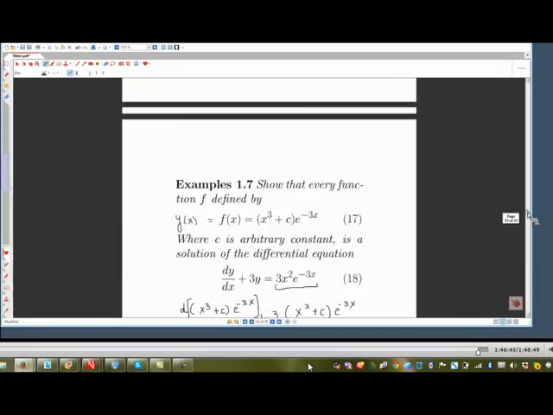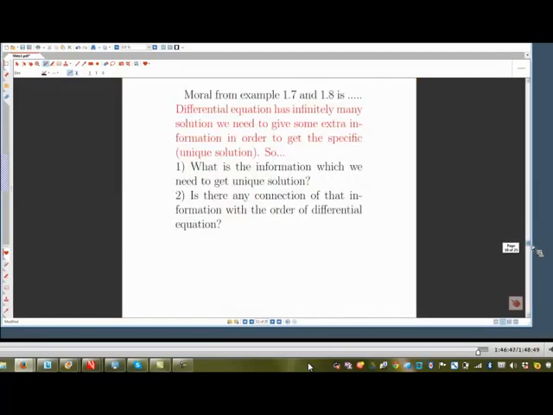Now, how can we figure out those extra conditions? Is there any connection of that information to the order of the differential equation? And the answer is yes. There is a connection of that information with the order of the differential equation.